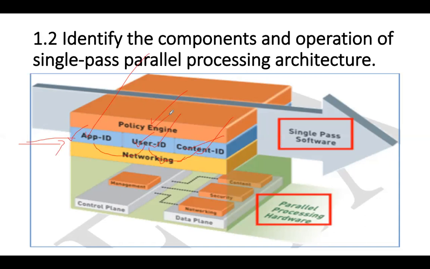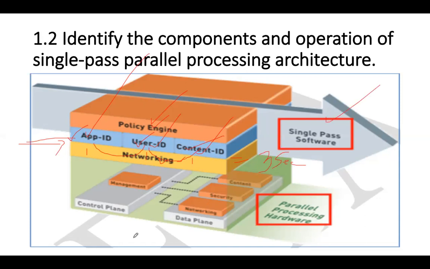So, for example, traffic enters. Let's say it takes 1 second here to get processed, 1 second here, and 1 second here. In total, the delay added is 3 seconds in single pass software.